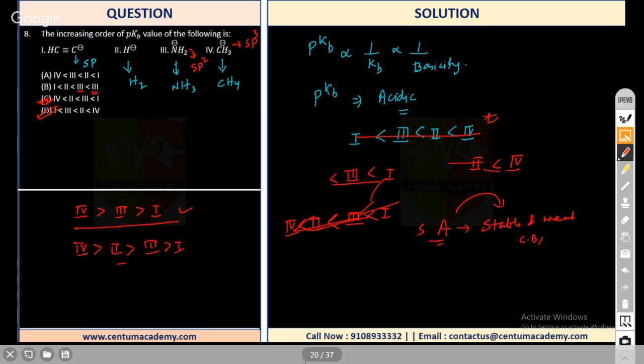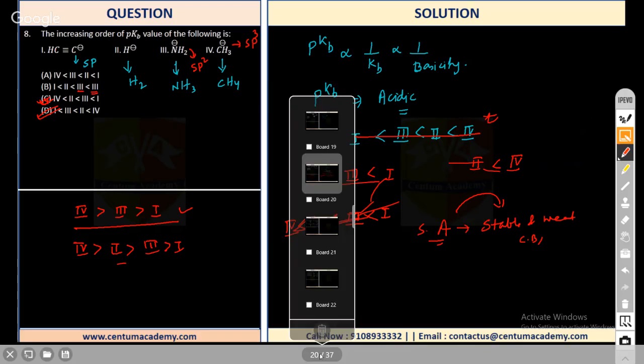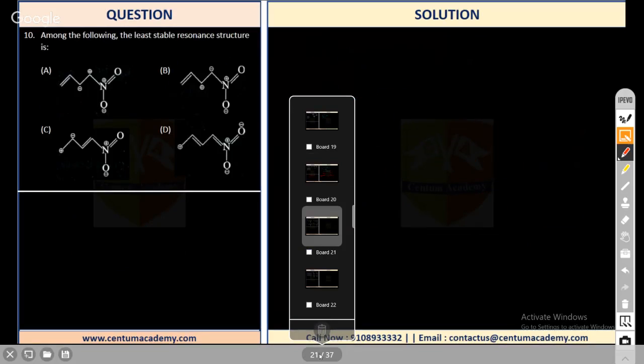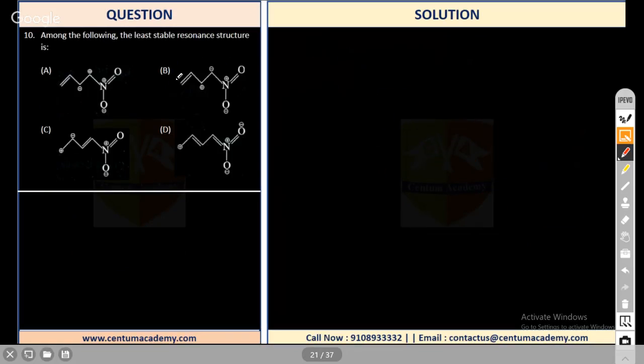Okay, next question you see. This one, resonating. I have discussed the stability of resonating structure. Tell me this one. There are 7, 8 rules if you remember. Tell me quick.